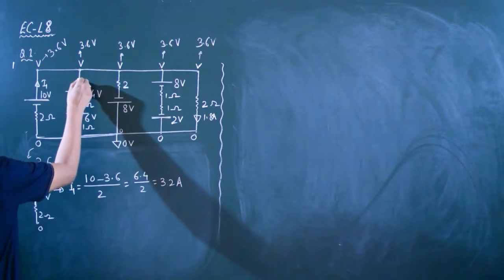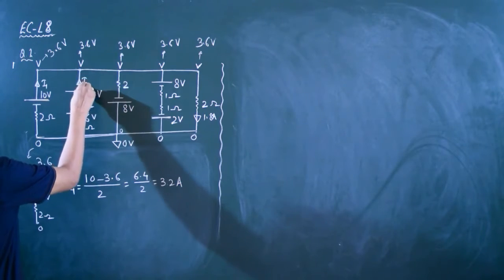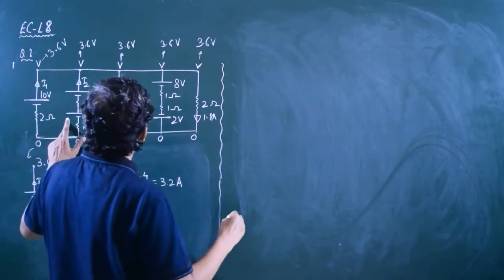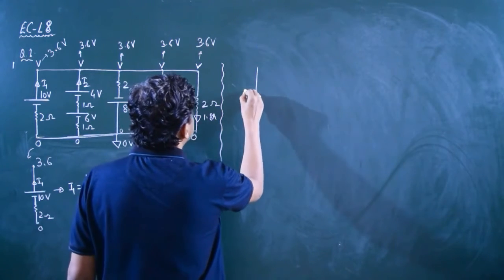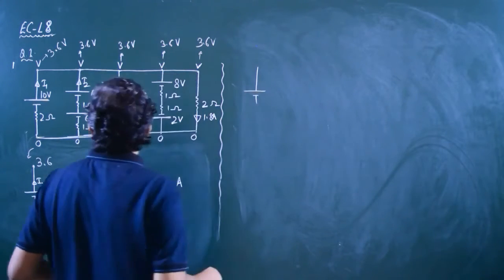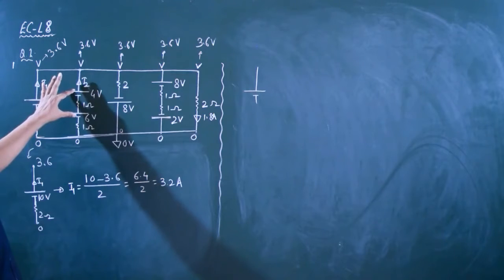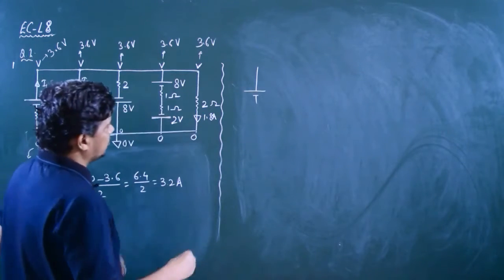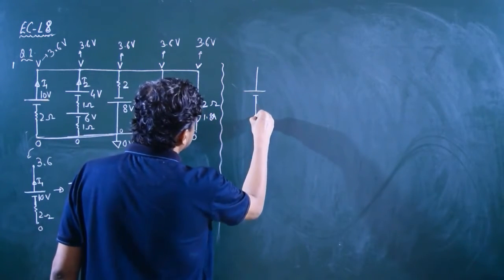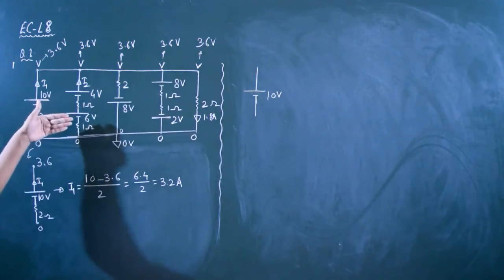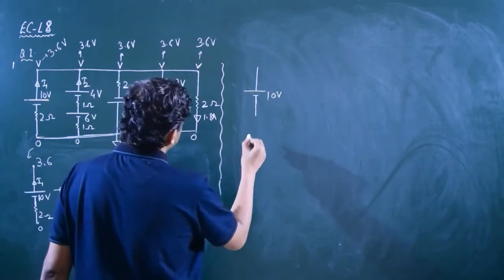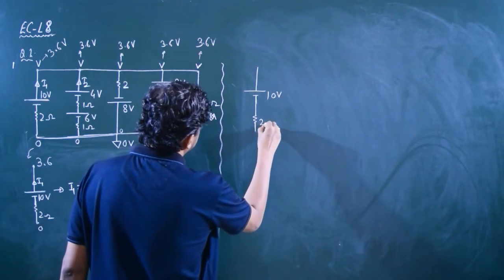Suppose across this arm current is I2. See, second arm, equivalent EMF of the two cells is 5 plus 5. These are supportive to each other, so it is 10 volt. And what about the internal resistance? It is 1 plus 1, it is 2.